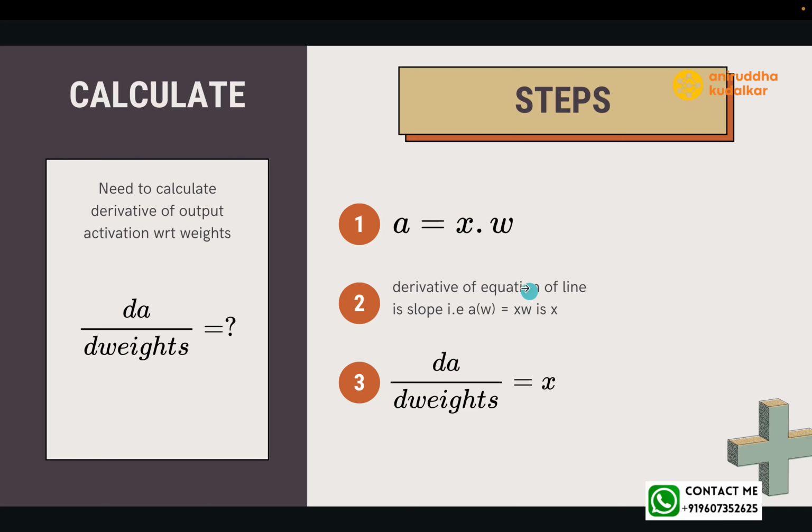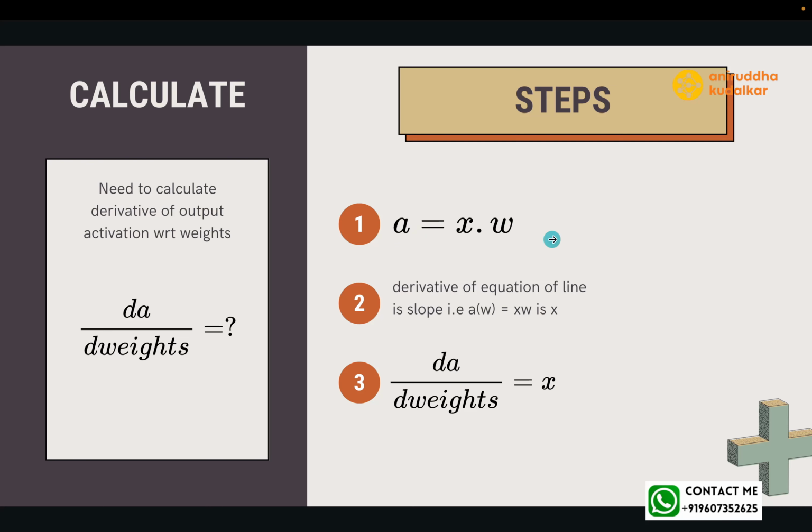The derivative of this equation can be taken like the derivative of the equation of a line. In the equation of a line, y is equal to mx plus c, and the derivative of a line is always the slope. So we need the derivative dA by dW, which means x is the slope, and that's why dA by d weights is equal to x.